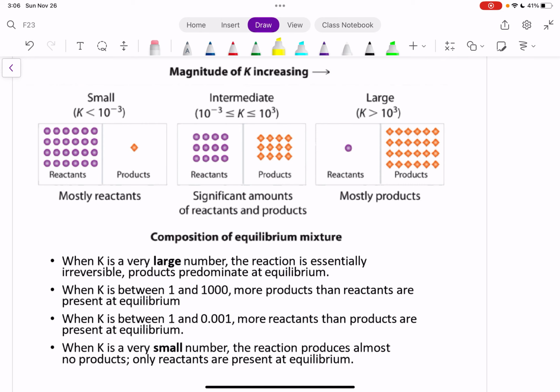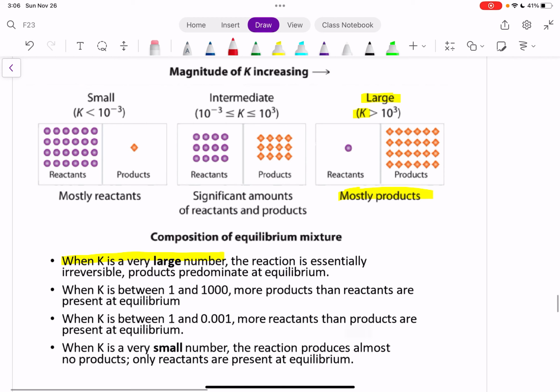When K is a very large number, the reaction is essentially irreversible. So what does that mean? It means you're mostly going to have products, right? A large K, or KEQ, means you have mostly products. And what do I mean by large? Well, I mean a K value that's greater than 1,000 or 10 to the third. So some really, really large number.